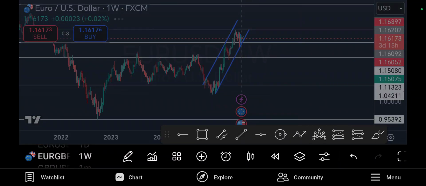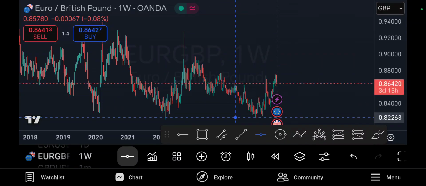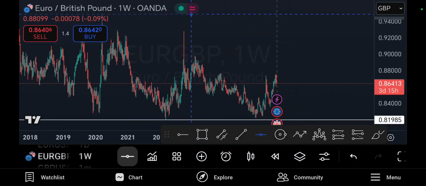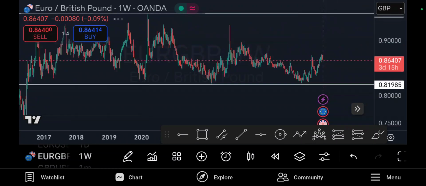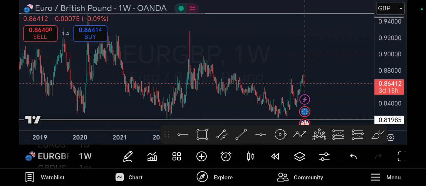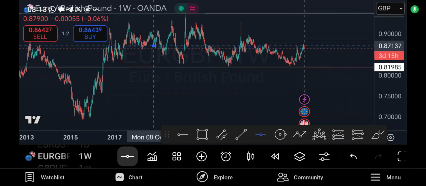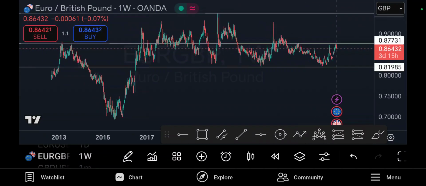As simple as that. Going to Euro GBP. Same. We mark out our low, we mark out our high. This is our high. So cool. Looking at the left side, we have this zone there, right?